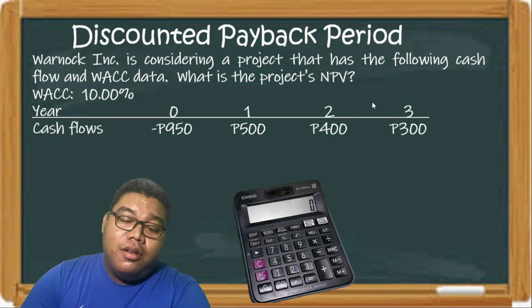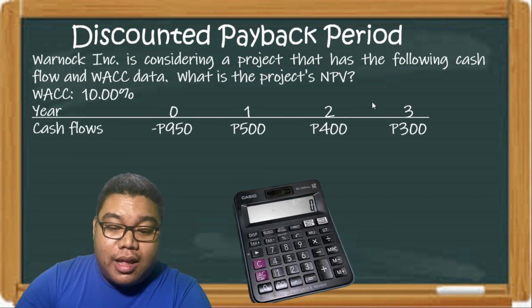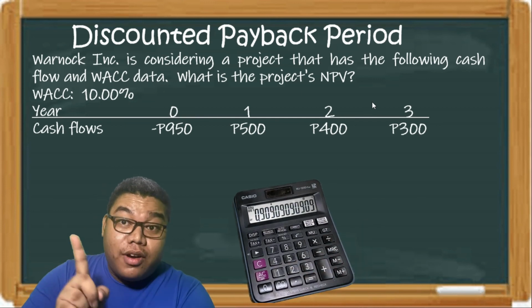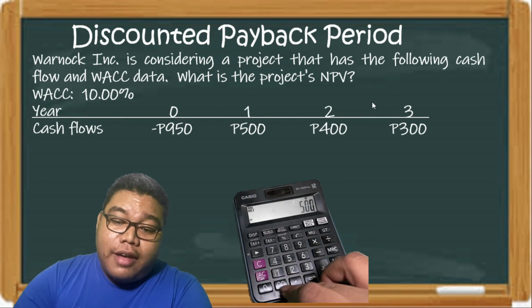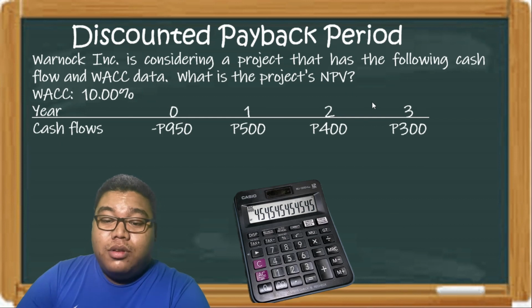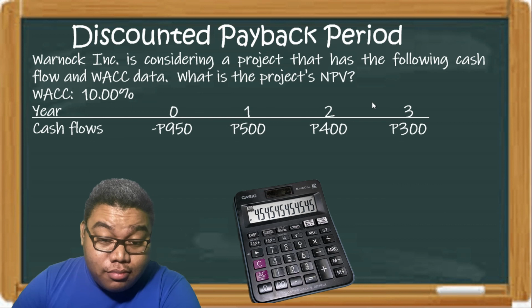So the discounting factor is the weighted average cost of capital. So we have 1.1 raised to negative 1, times 500. So 454.54. So we would deduct this amount from 950.